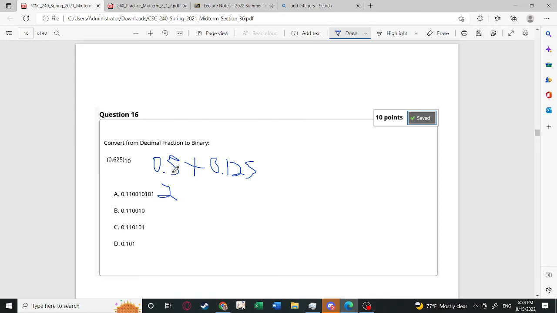We have 0 to the negative 1, and then a 0 after it, and then we have a 0 because this is 0.25. So that's D. This is binary, not BCD.